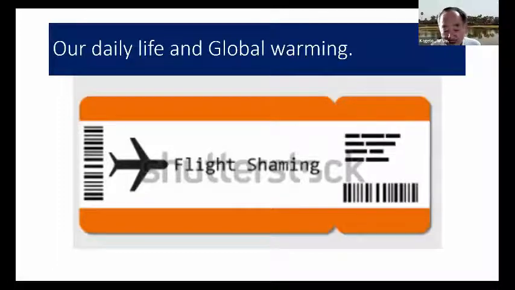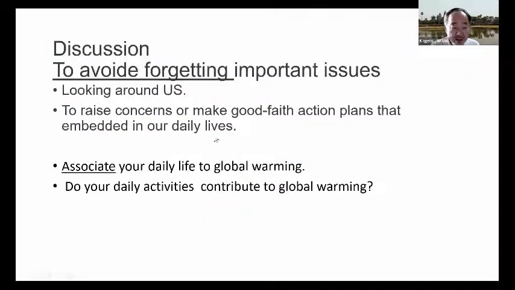Have you ever heard about flight shaming? Flight shaming is the attitude that taking a plane is shameful, because it emits more carbon oxides than other energy sources. Yeah, like this. And discuss.